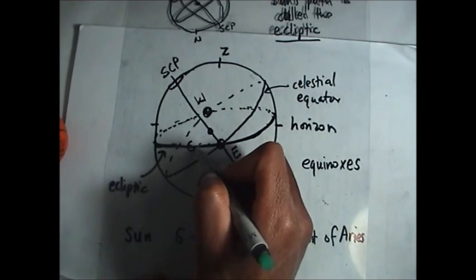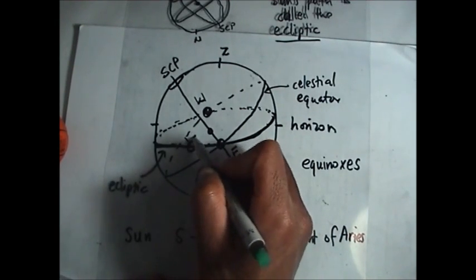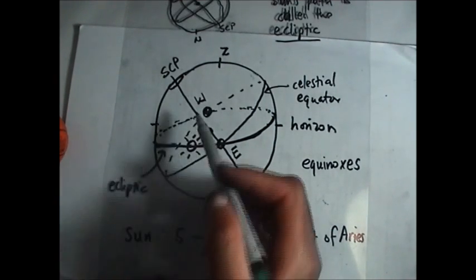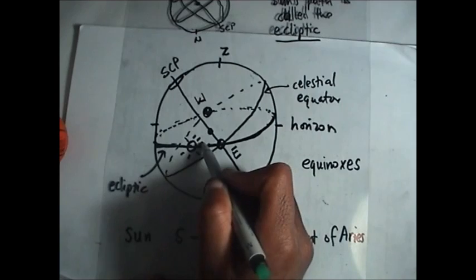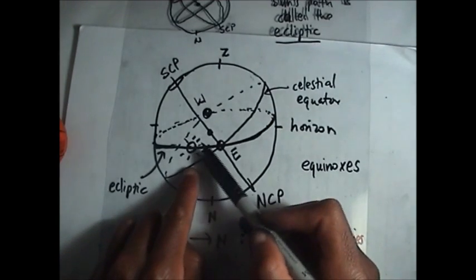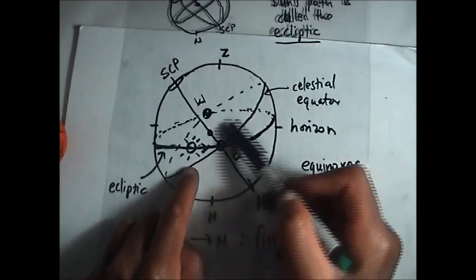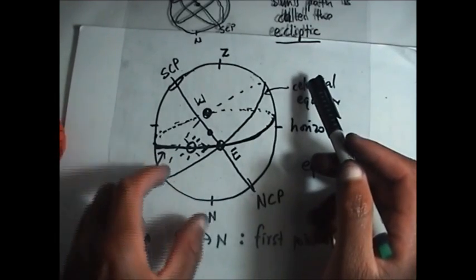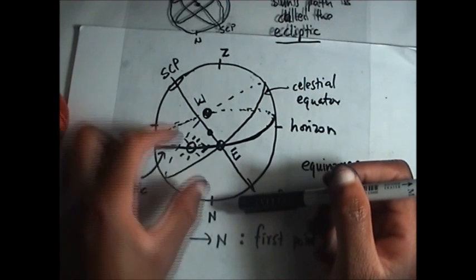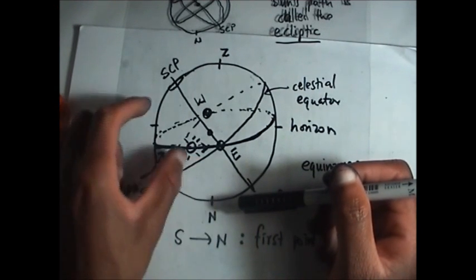Now imagine the sun is here at this point, moving in this direction. This is the celestial equator, which divides our celestial sphere into the southern part and the northern part. This top part is the southern, and this bottom part is the northern.